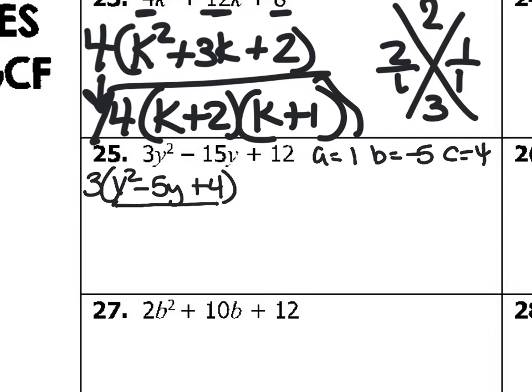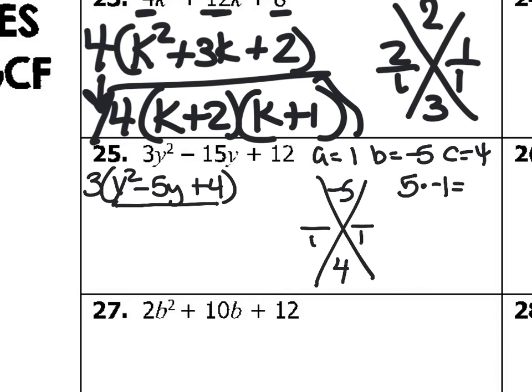So factors of 4 that add up to -5. All right, so we know that since B is negative, we're going to have our bigger number negative. So -5 and -1. If we add those together, they equal -5. So -4 and -1.